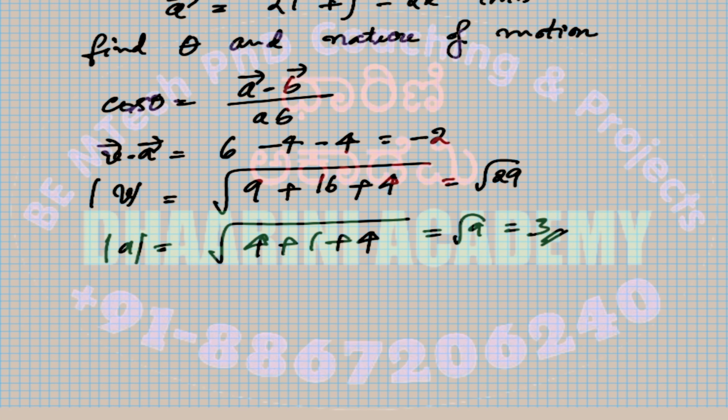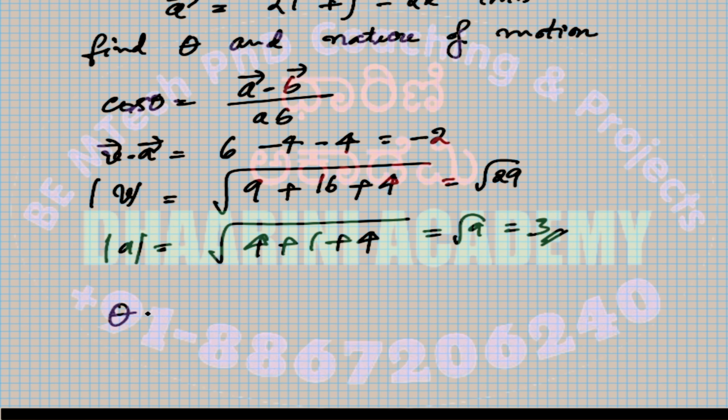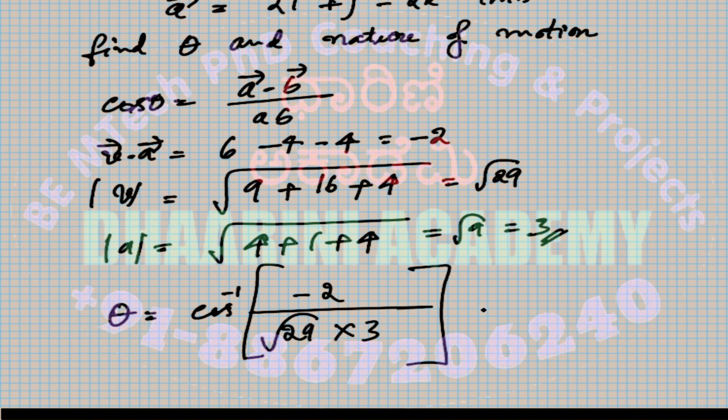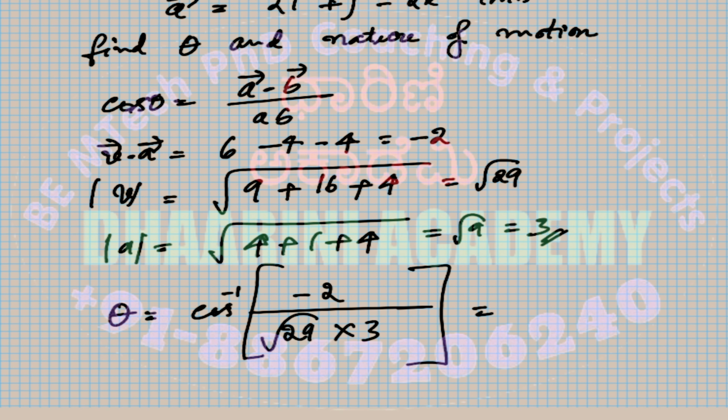All right, so let's find the theta then. Theta is equal to cos inverse of minus 2 divided by root of 29 into 3. So when you put this into the calculator and calculate the theta, this is cos inverse of minus 2 divided by 3 into root of 29.